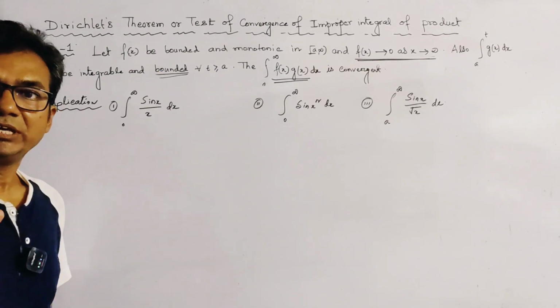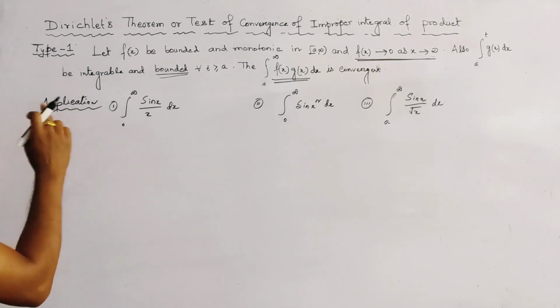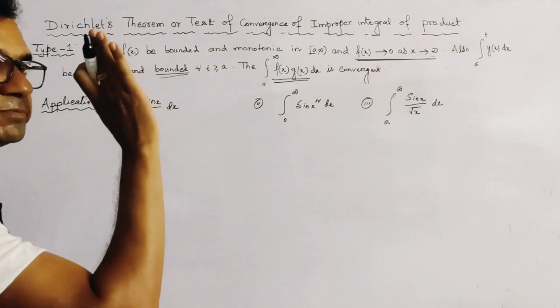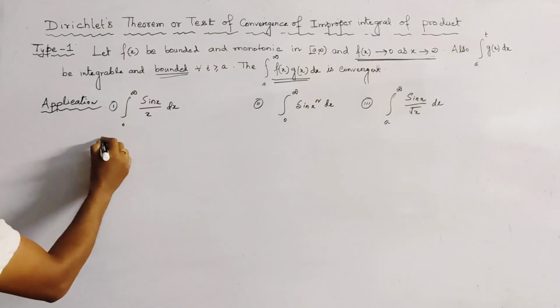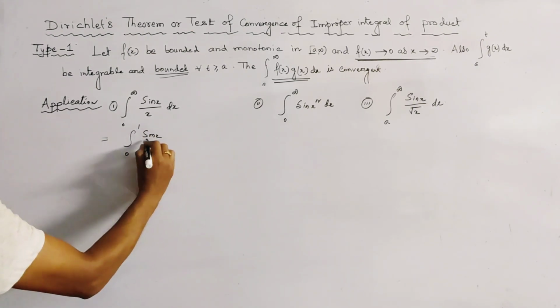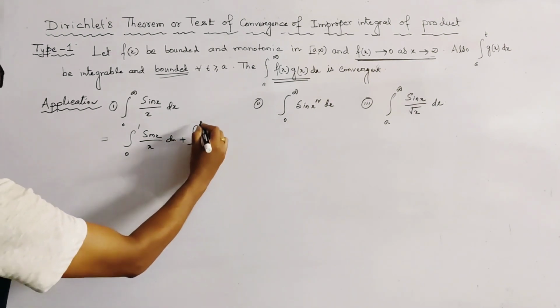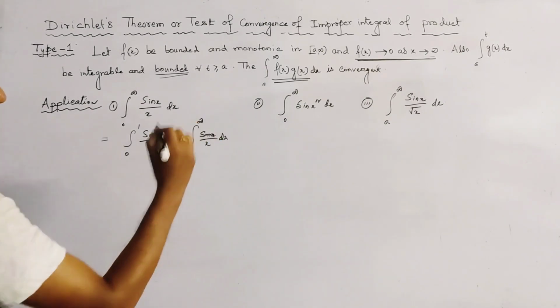Here we take three examples to apply this theorem, and these three examples are very important. In the first example, we first split the integration as integration 0 to 1 sin x by x dx plus integration 1 to infinity sin x by x dx.